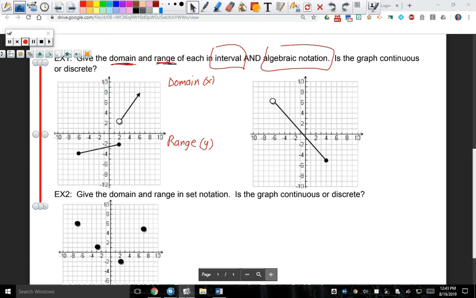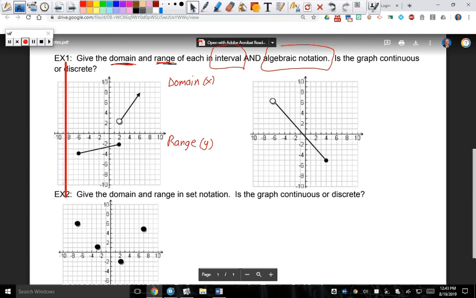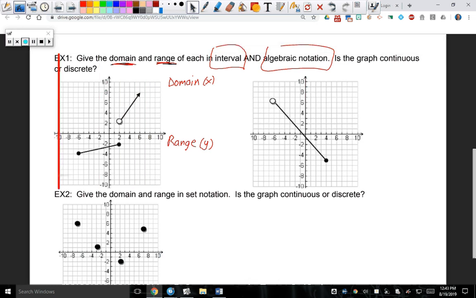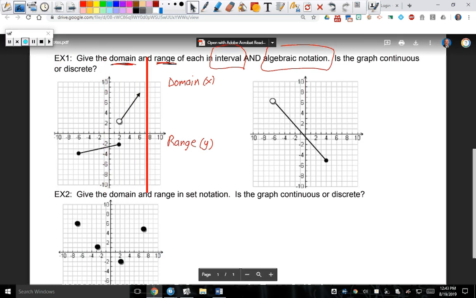Think that this red vertical line is like a metal detector, and over here, there's nothing. Silence. And then it's like, beep, beep.